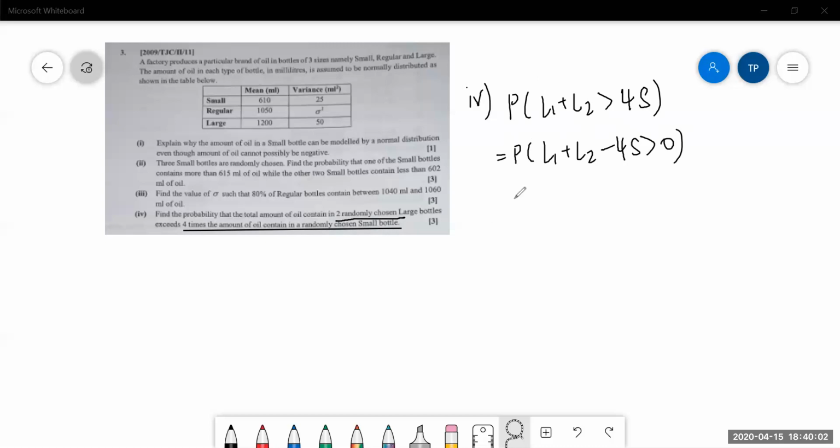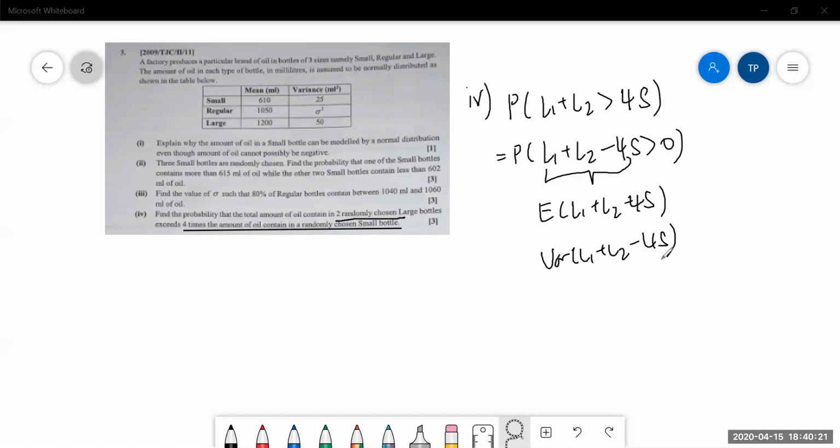So from here, find the expectation of L1 plus L2 minus 4S. Then find the variance also. You should be able to do this. Can you show me?